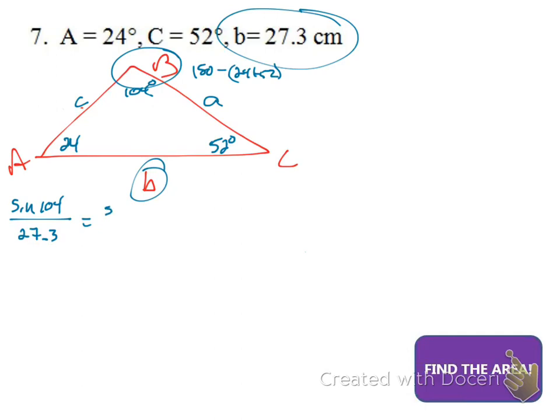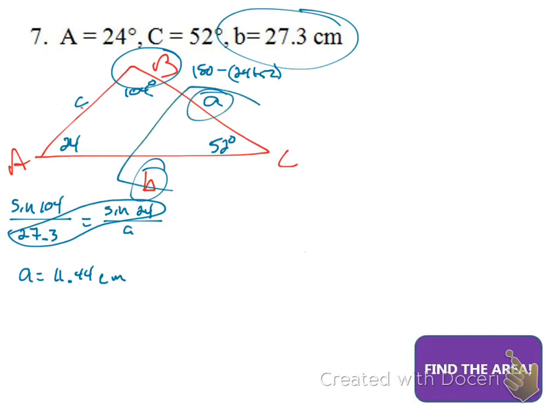So we can go find A, so go sine of 24 over A. Now you're going to cross multiply sine of 24 and 27.3. Then you're going to divide that by the sine of 104. And so A is 11.44 centimeters.